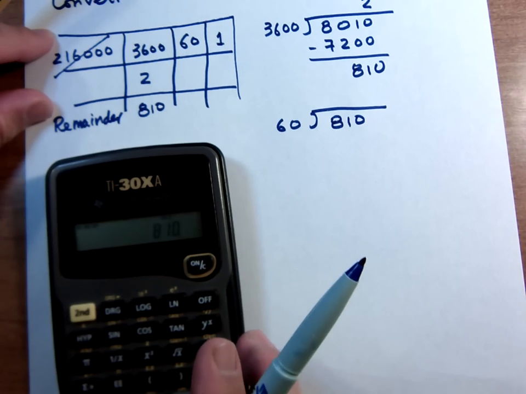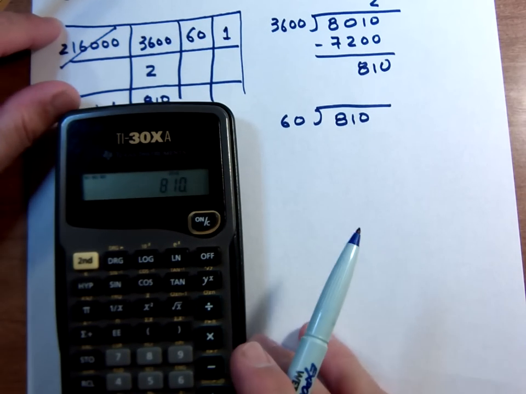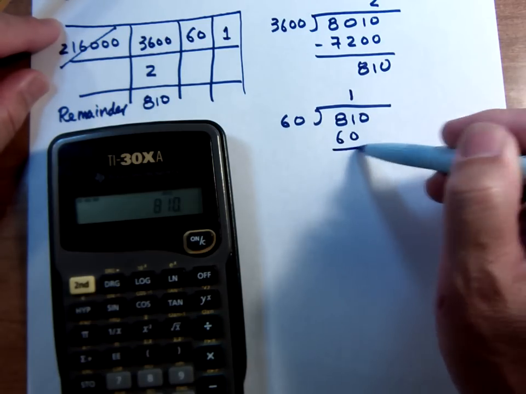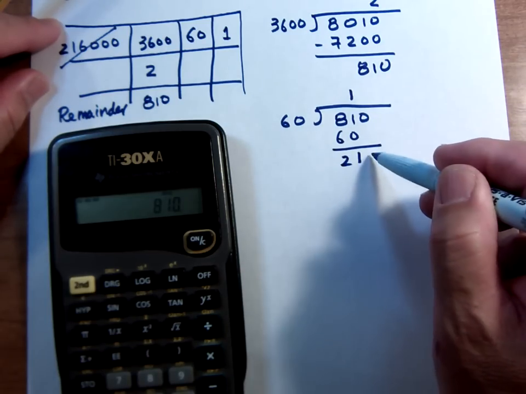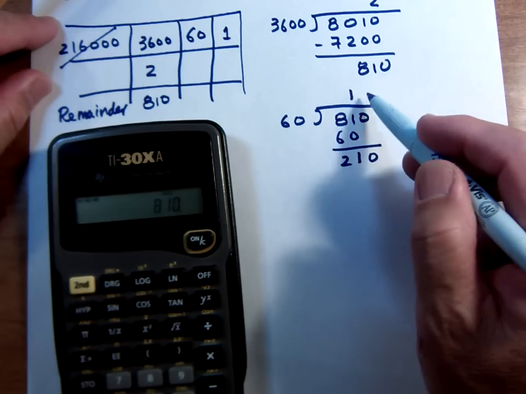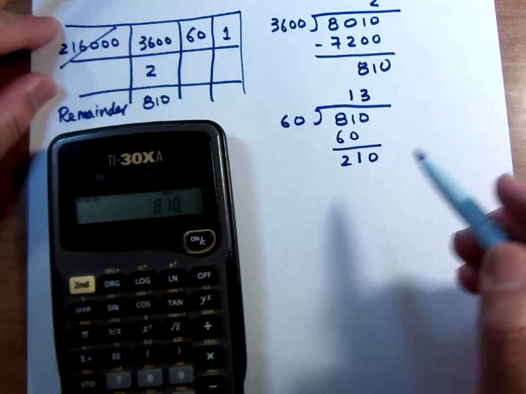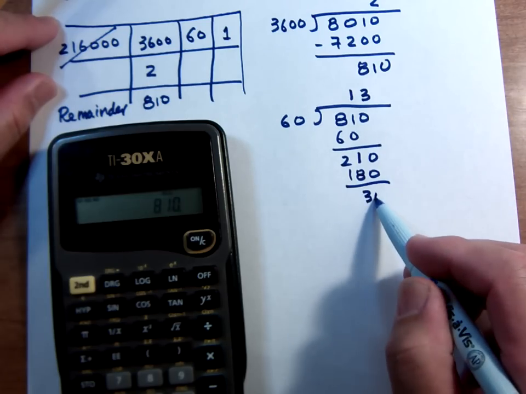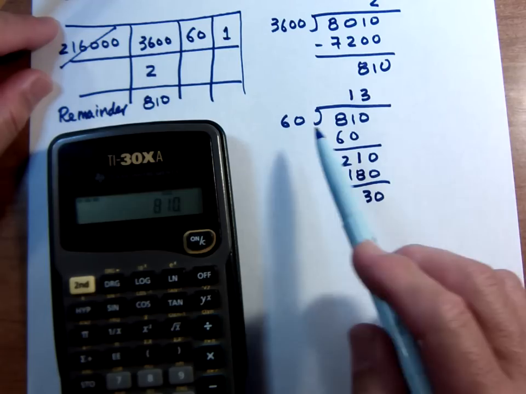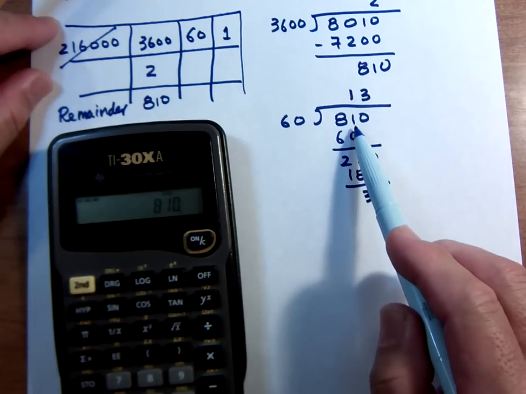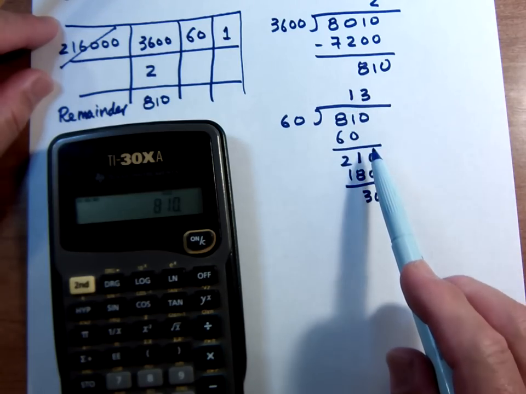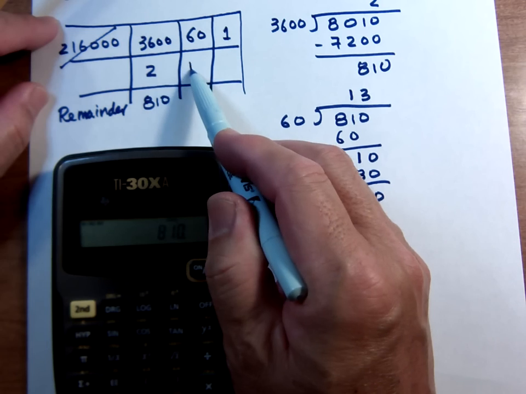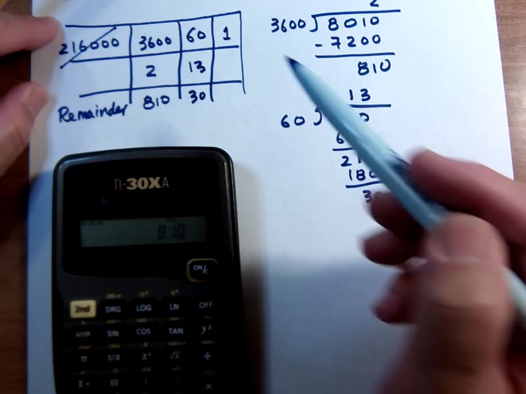You can use your calculator if you wish. 60 will go in here 13 times, with 30 as a remainder. We're going to write all this down as 13 and 30.